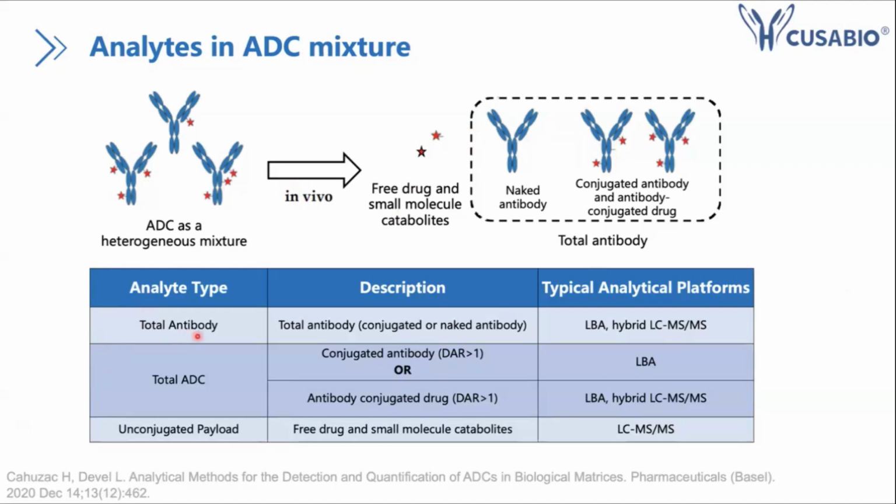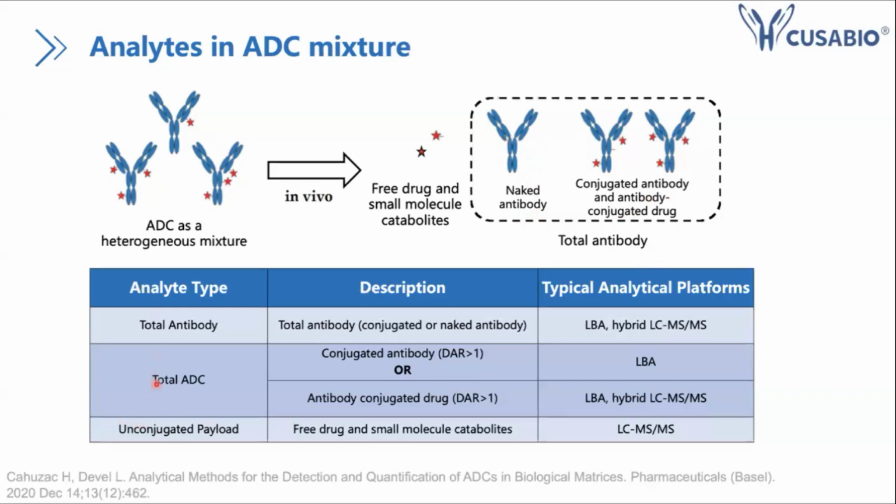The first one is the total antibody. As you see here, total antibody is a population that contains the naked antibody and the conjugated antibody. Which means that no matter whether the payload is conjugated or not, we will analyze all the antibody portion.